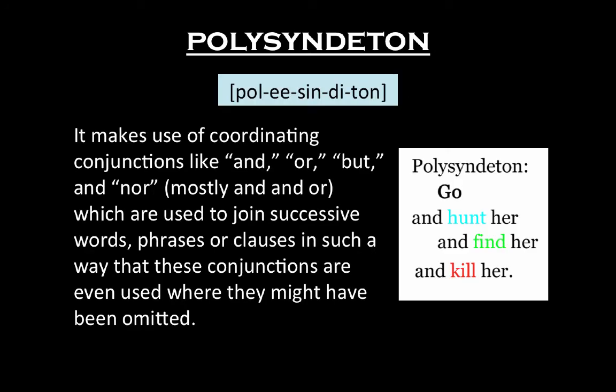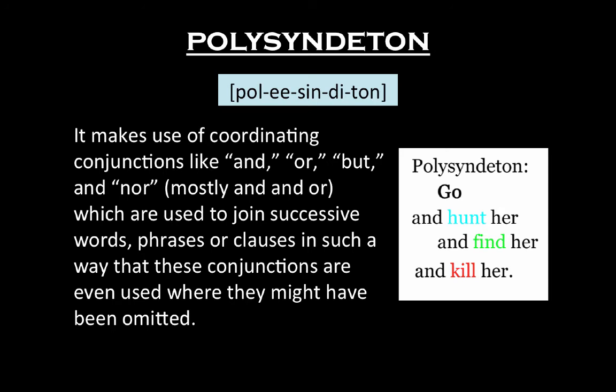Okay, so polysyndeton makes use of coordinating conjunctions like and, or, but, and nor. In a lot of different examples, though, it's mostly and or. And these are used to join successive words, phrases, or clauses in such a way that these conjunctions are even used where they might have been omitted.